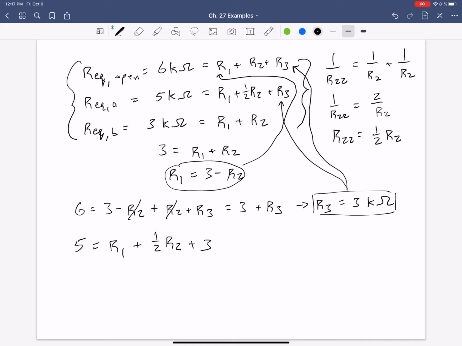Well, we just got an expression for R1. Let's plug that into this equation now too. And so what we really have is 3 minus R2, that was R1, plus 1/2 R2 plus 3.